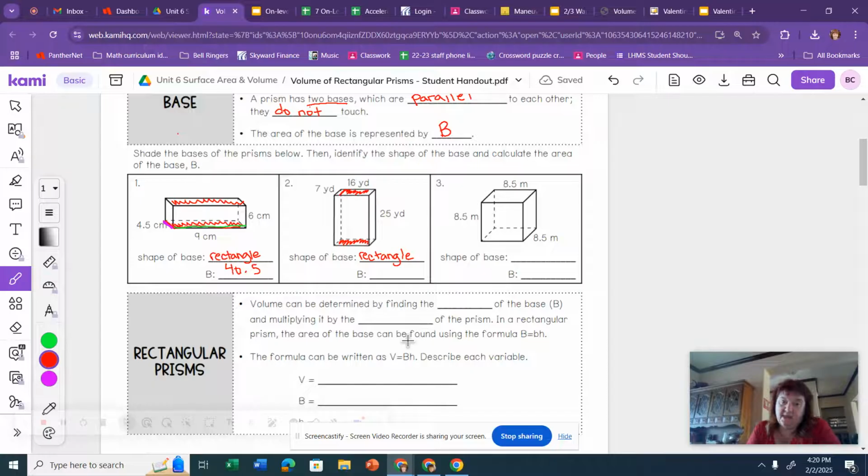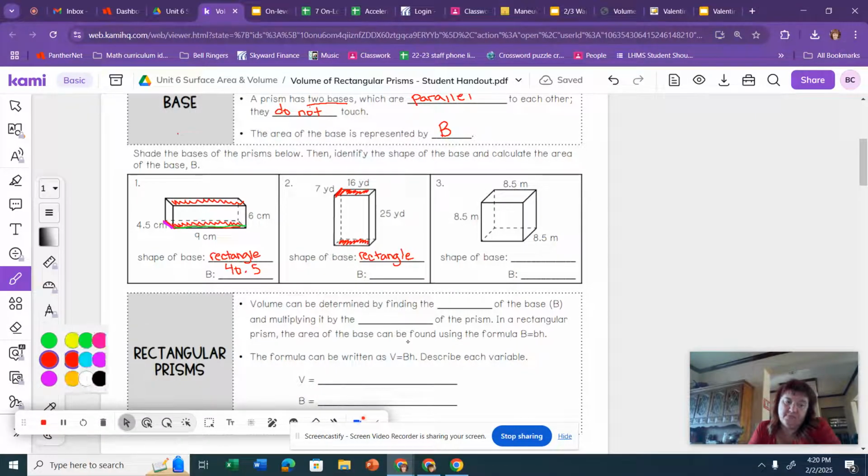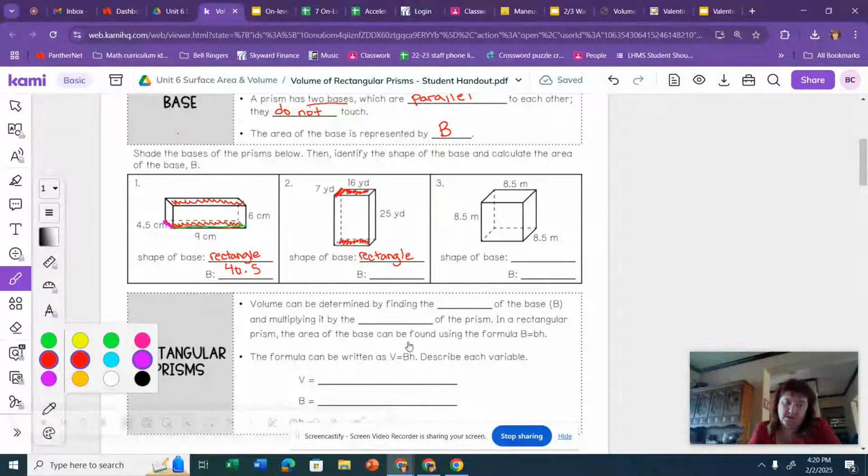The area would be, just like we did before, a 7 by 16. So that would be 112. And by the way, we say yards squared. This would have been centimeters squared, right?